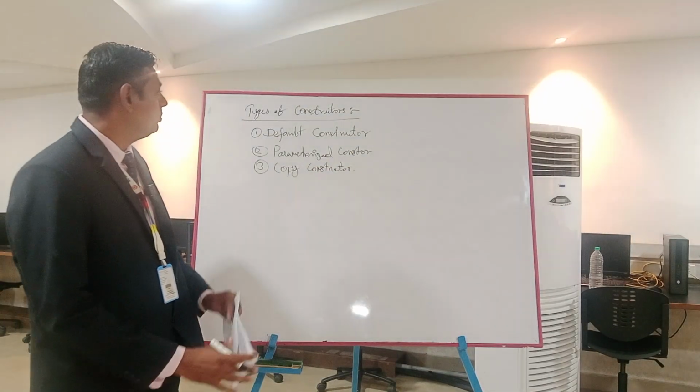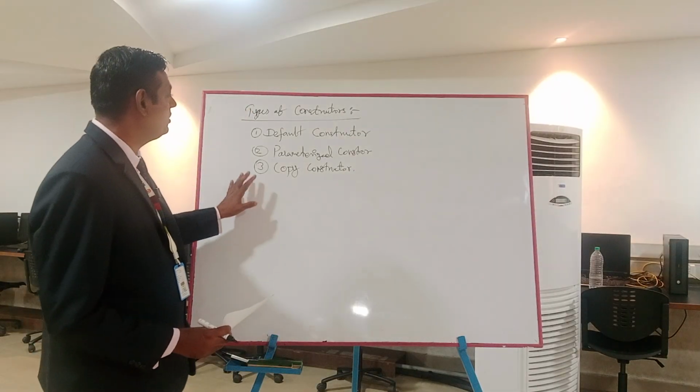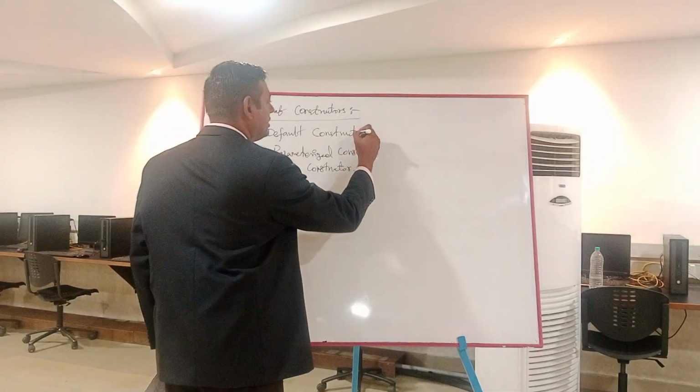So actually, there are three different types of constructors in C++: default, parameterized, and copy constructor. So basically, what is a default constructor?